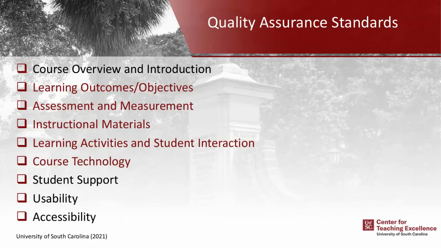When they are aligned, each of these components is directly tied to and supports the learning outcomes and objectives. So keep in mind, learning outcomes and objectives should be created first because they serve as a guide to determining the other 4 critical components.